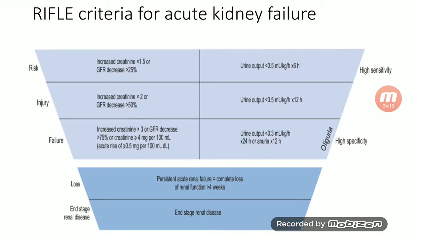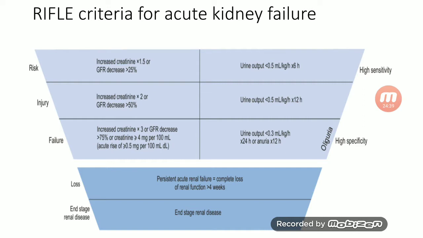Okay. Now next we have the RIFLE criteria for acute kidney failure. So what does this RIFLE criteria say? According to this RIFLE criteria, what are the criteria for acute renal failure?